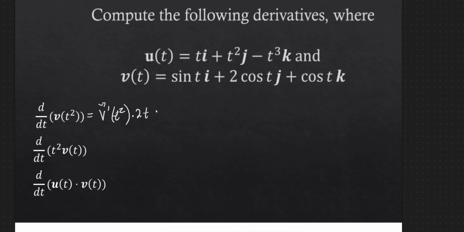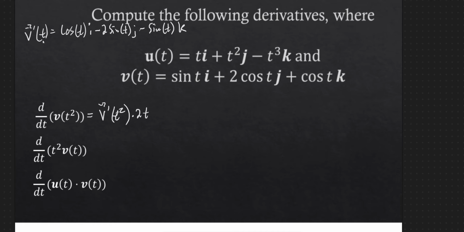So that's 2t. And now I can look at v. Where's my v? Find v prime of t and evaluate that at t squared. So let's maybe do v prime of t up here. So v prime of t will be what? Cosine of t in the i direction, minus 2 sine of t in the j direction, minus sine of t in the k direction.